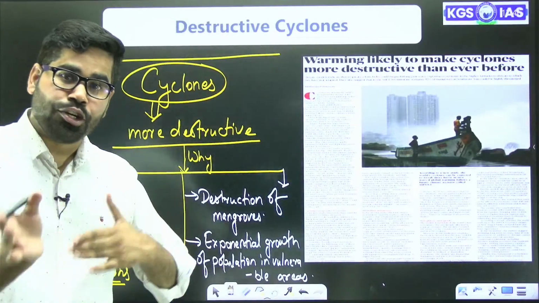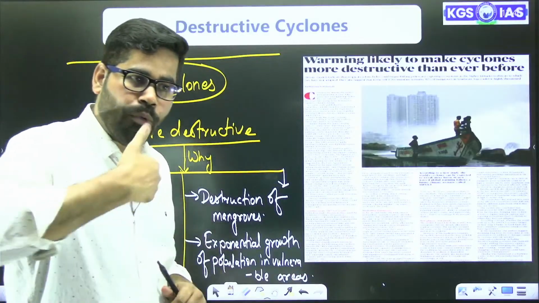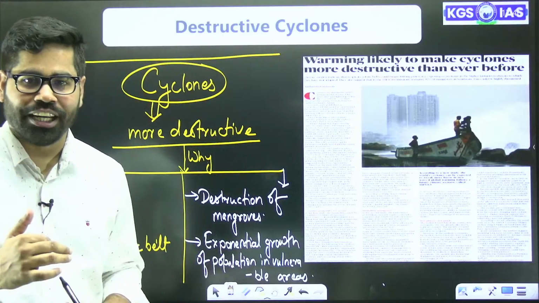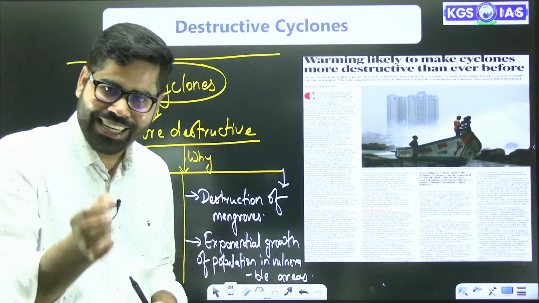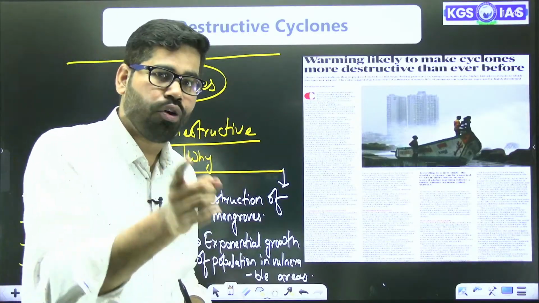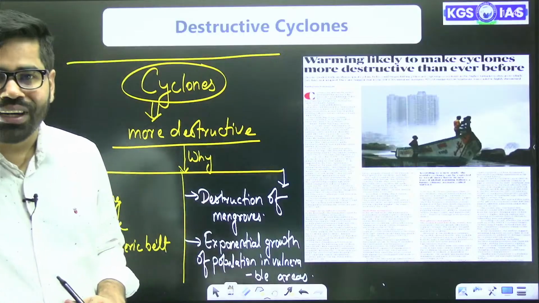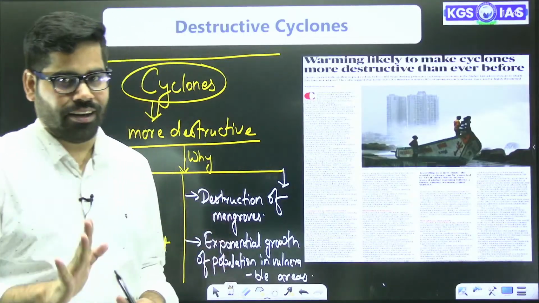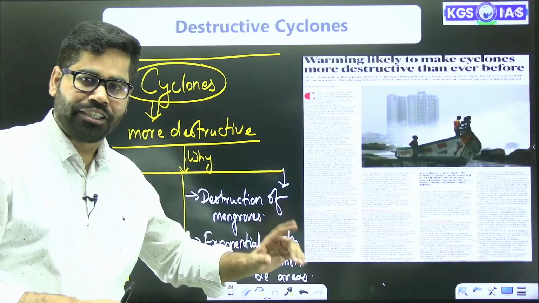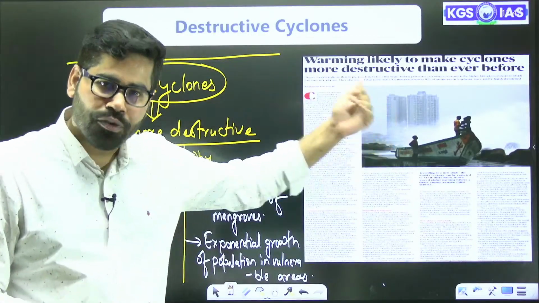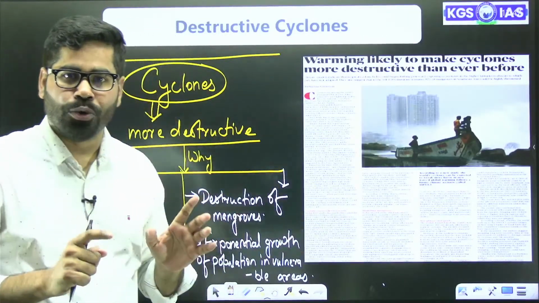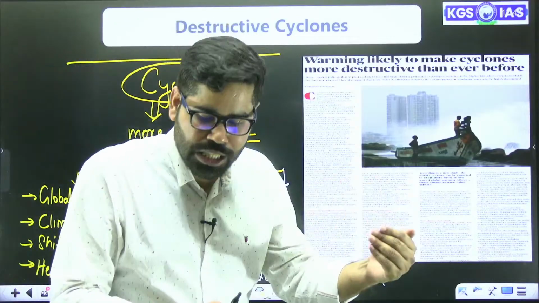Now, these areas are normally not safe for the people, and when we see a further increase in the population, it enhances the vulnerability of that region. It amplifies the chances of cyclones becoming more and more destructive, more and more devastating. So cyclones in general are harmful, but also what we see is that due to these factors, destruction of mangroves and other forest structures, plus more and more people living in vulnerable zones, this has further made the cyclones much more destructive.